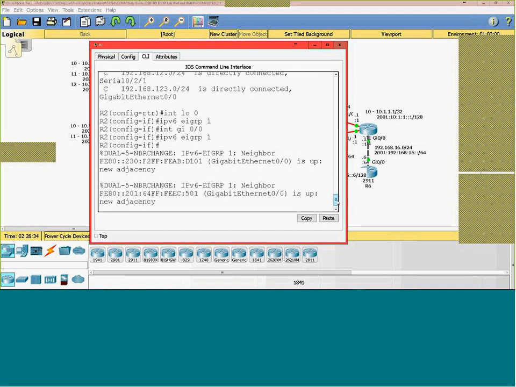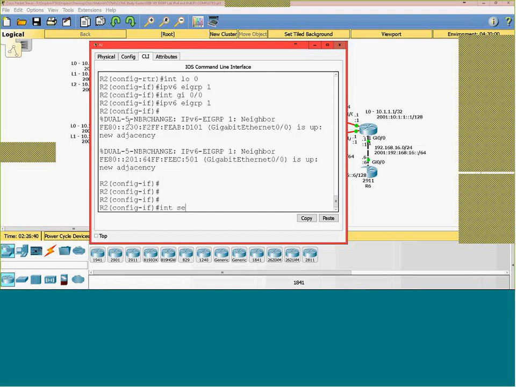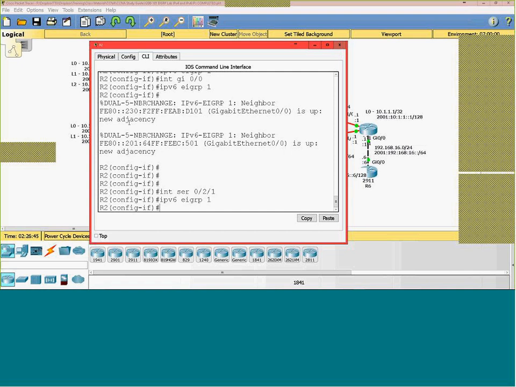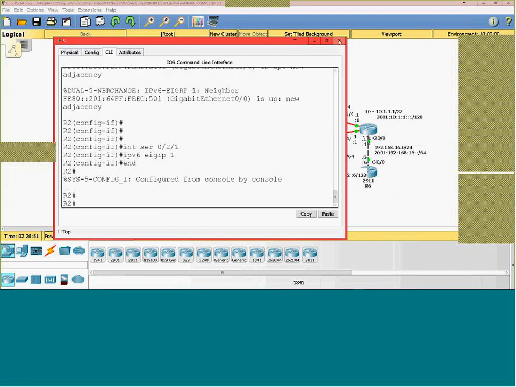I don't have any other interfaces on this router. Actually, I do. I have serial 021. So let's do interface serial 021 and IPv6 EIGRP1. All right, so I've now enabled EIGRP on router number 2.